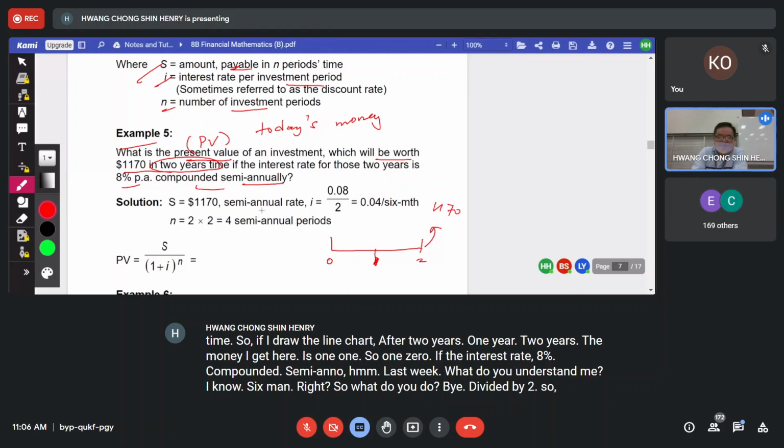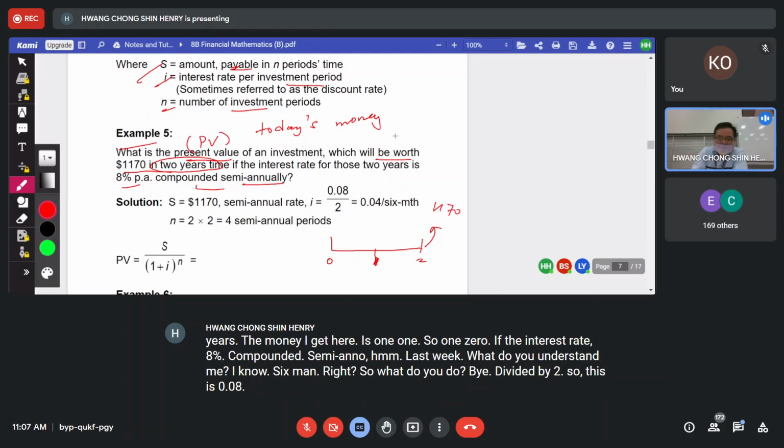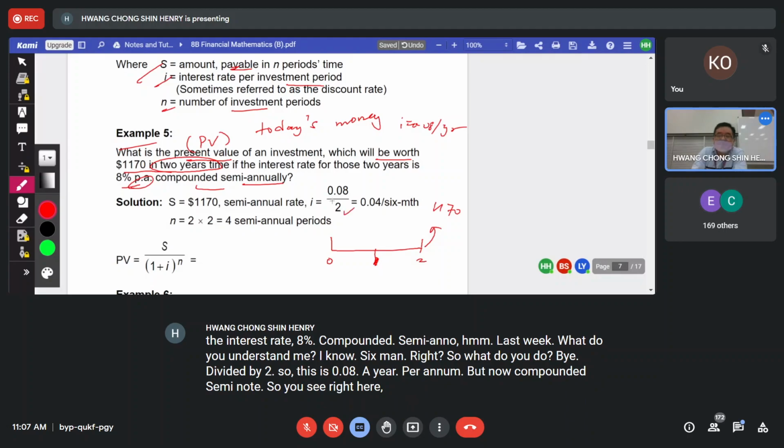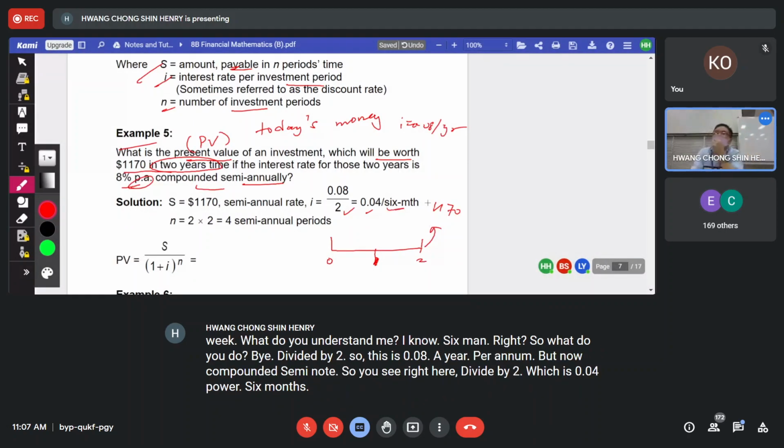So this is 0.08 per year, per annum, but now compounded semi-annual. So you see, I write here divide by 2, which is 0.04 per 6 months. The unit must be careful.